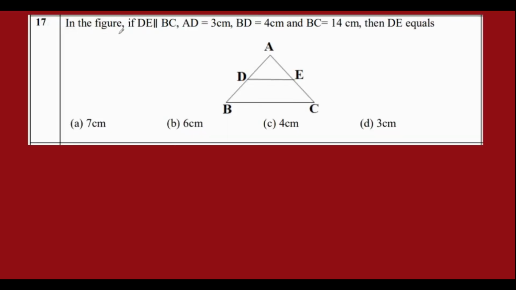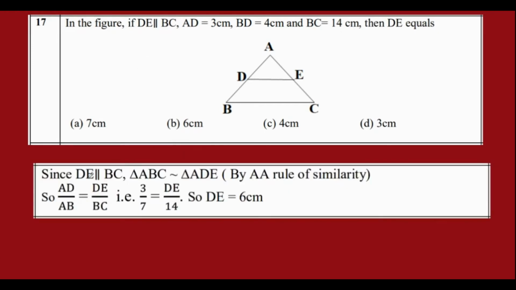17th question. In the figure, if DE is parallel to BC and AD is given as 3 centimeters, BD is 4 centimeters, and BC is 14 centimeters, then DE is equal to. Since DE is parallel to BC, triangle ABC and triangle ADE, small triangle and ABC, they are similar to each other by AAA rule of similarity.